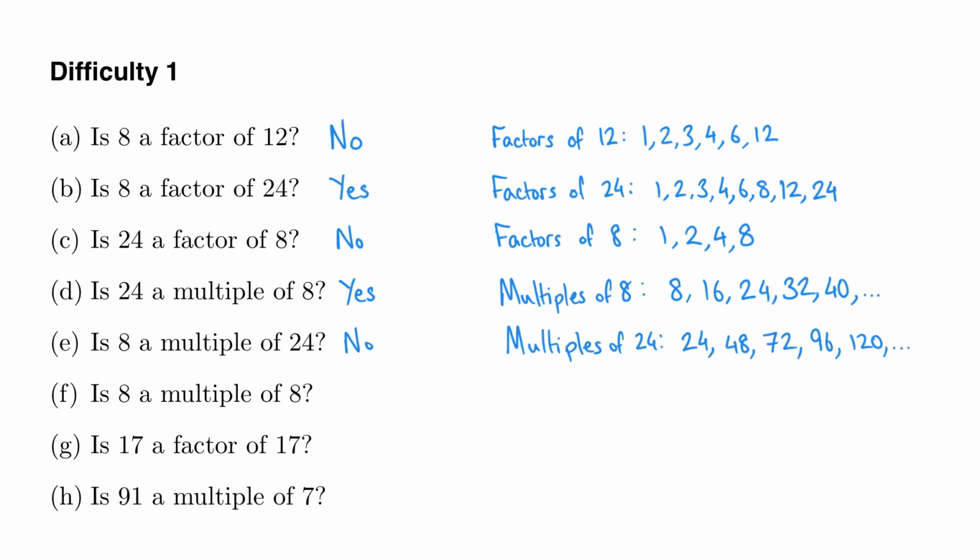So the multiples of 24 start at 24 and then just get bigger and bigger and bigger. So 8 is not a multiple of 24. The smallest multiple of 24 is just 24 itself. Notice something similar with the previous example. The smallest multiple of 8 is just 8 itself.